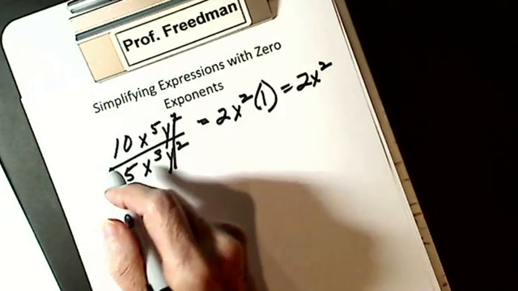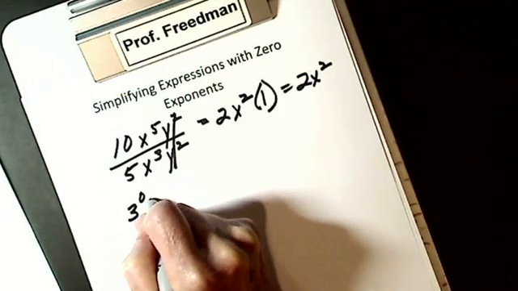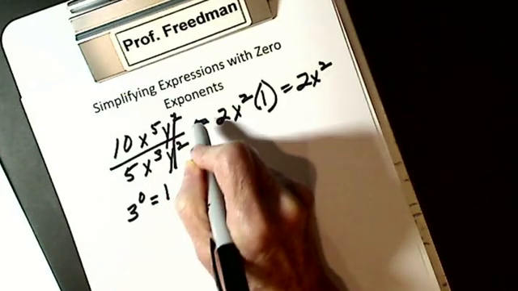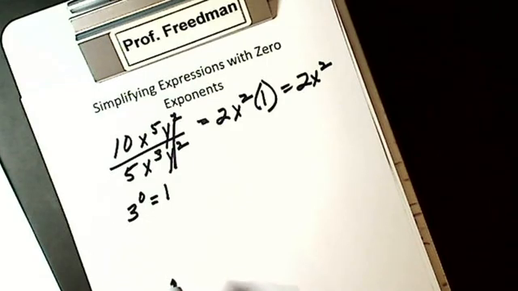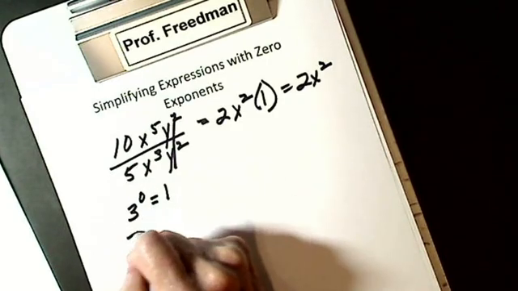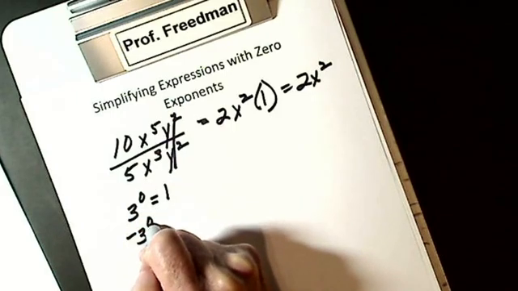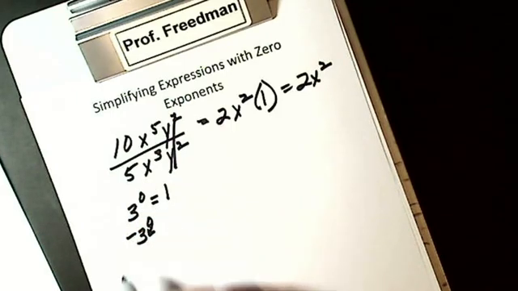So if I have 3 to the 0 power, it equals 1, because anything to the 0 power equals 1. If I have negative 3 to the 0 power, the exponent just refers to the number and not its sign.